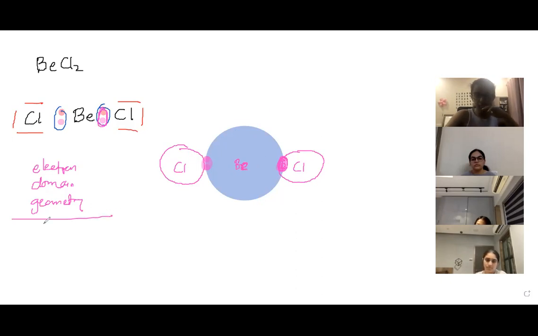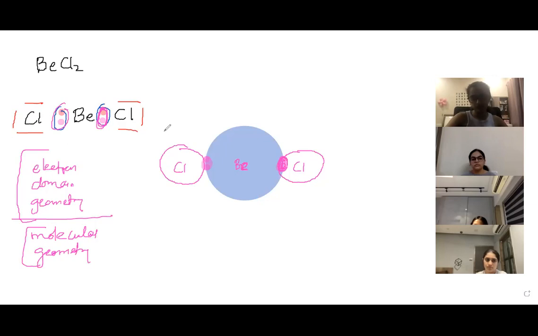So now I'm getting the molecular geometry. First I took the electron domain geometry, where I'm only considering the electron domains around beryllium and not the surrounding atoms at all.